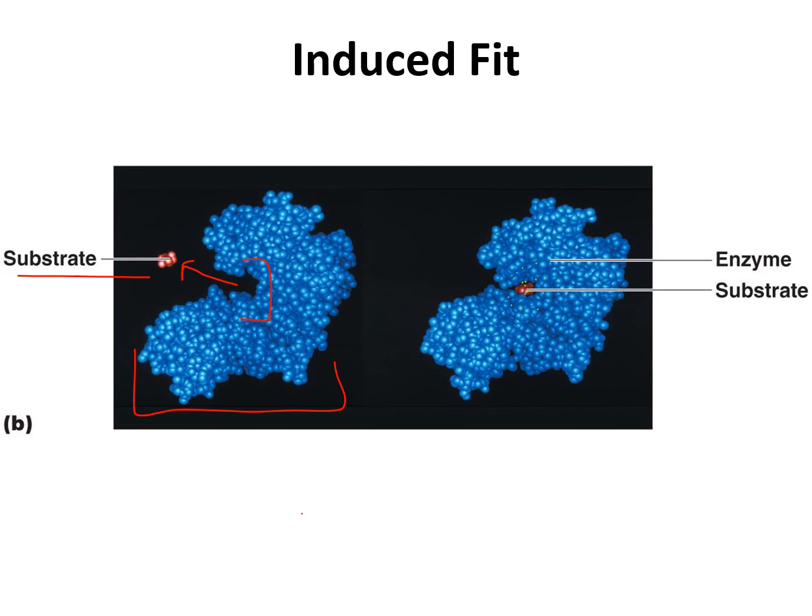And in fact, those hydrogen bonds are going to be so strong, it's going to cause the enzyme to sort of curl in around, kind of like grabbing hold of the substrate more. And so all of these hydrogen bonds are going to cause a really strong force, cause a lot of stress on the substrate, which will result in covalent bonds being broken and reformed in the substrate, converting the substrate into the product.